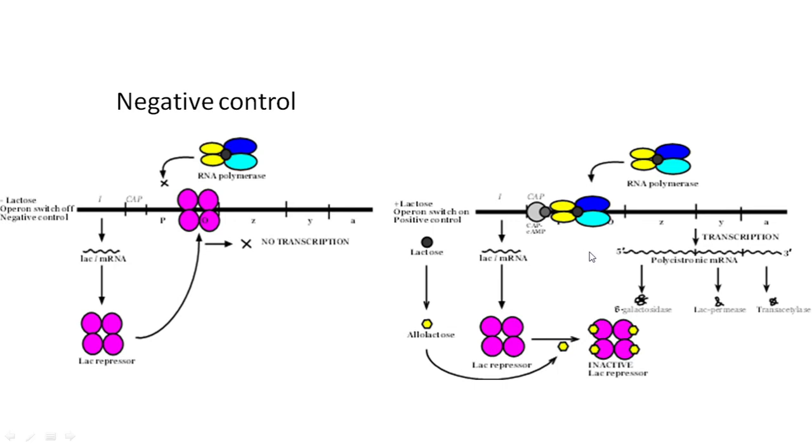So binding of the CAP-cAMP complex is very essential for the Lac operon to be completely expressed. A polycistronic mRNA is thus produced. From there, 3 different products, beta galactosidase, Lac permease, and transacetylase, are produced. So this is called positive control.